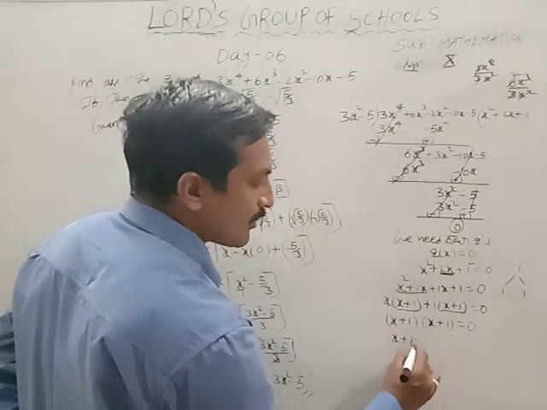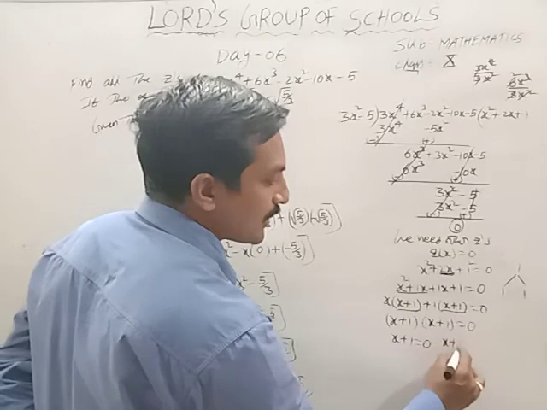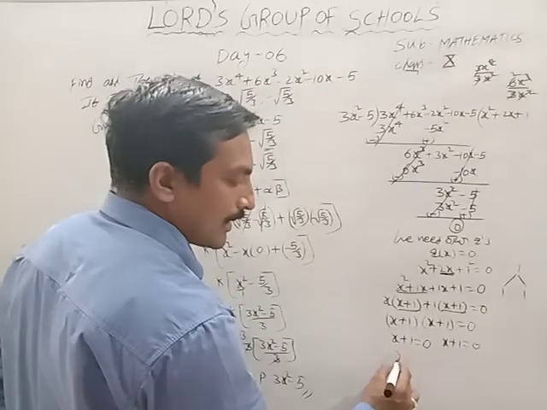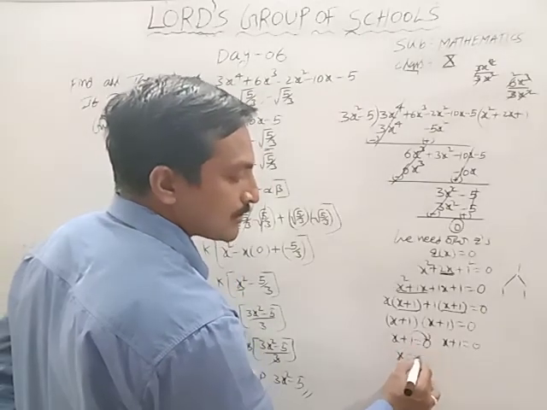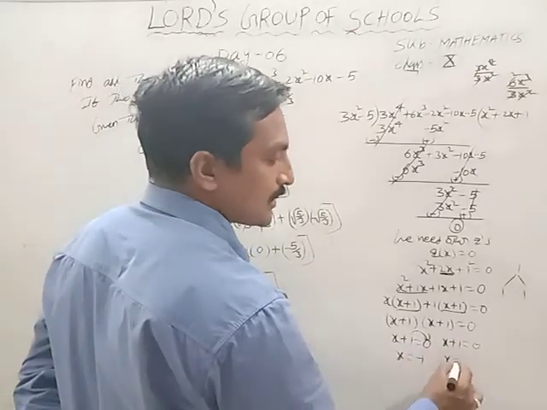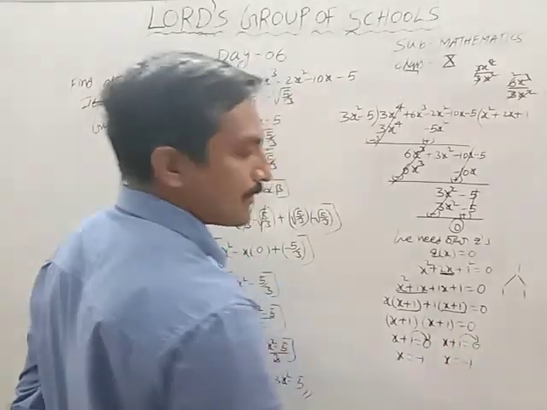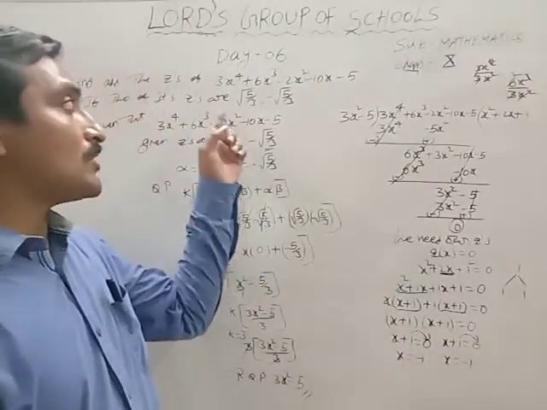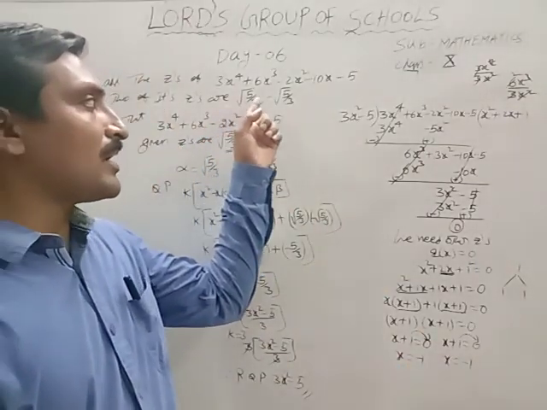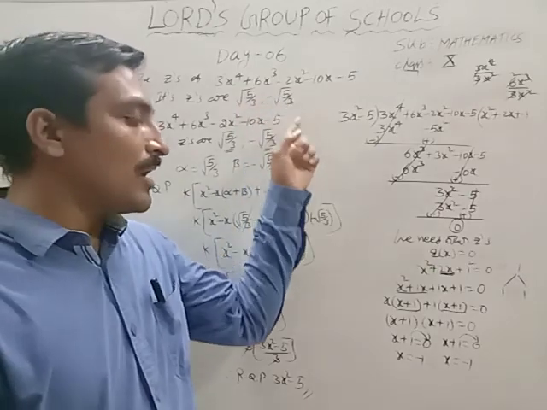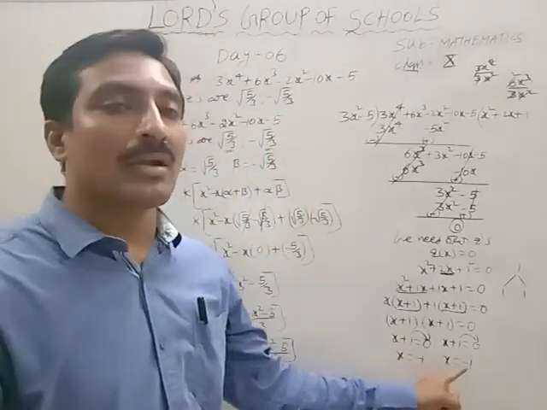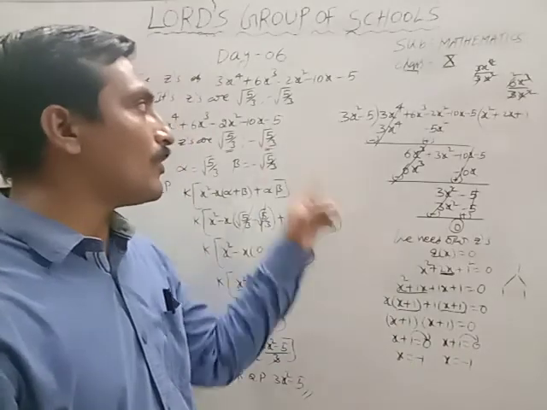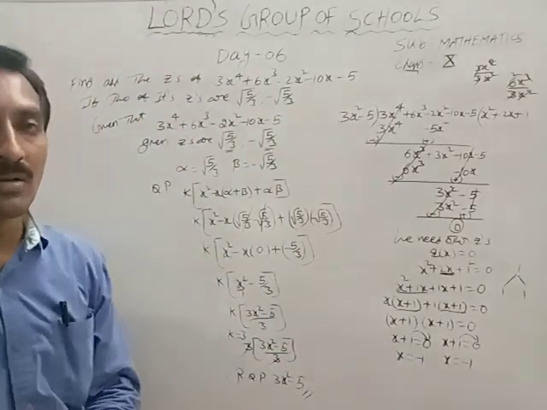X plus 1 is equal to 0, x plus 1 is equal to 0. X is equal to minus 1 when you transfer to this side, and x is equal to minus 1 again. These two are the other zeros. The given two zeros are root 5 by 3 and minus root 5 by 3. The other two zeros are minus 1 and minus 1. The total 4 zeros are present in that particular polynomial.